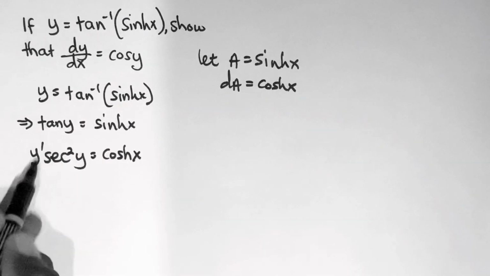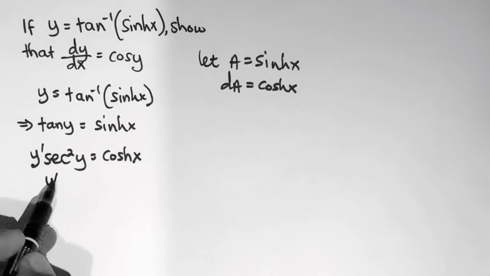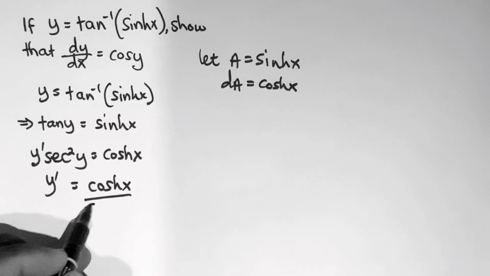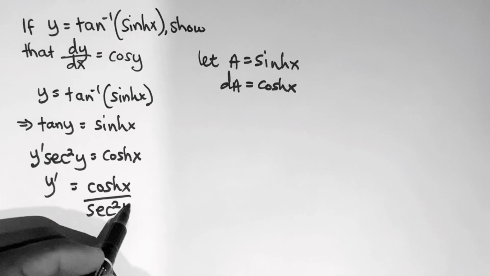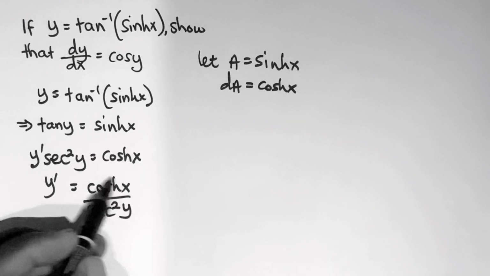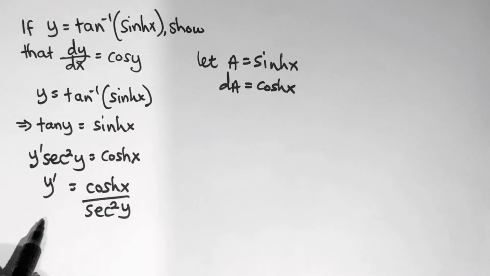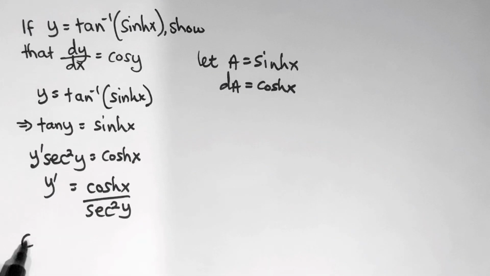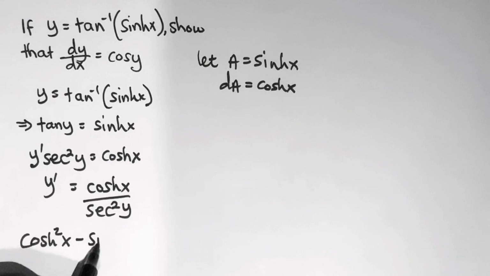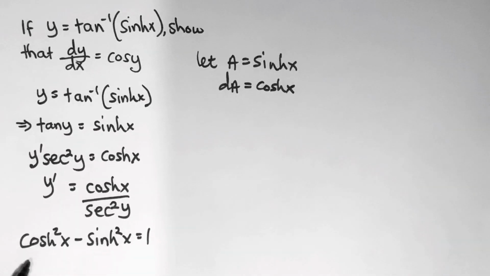So let's make y prime the subject. So y prime is equal to cosh x divided by sec squared y. But then we know that there is an identity for cosh x, because we know that cosh squared x minus hyperbolic sine squared x is equal to 1.